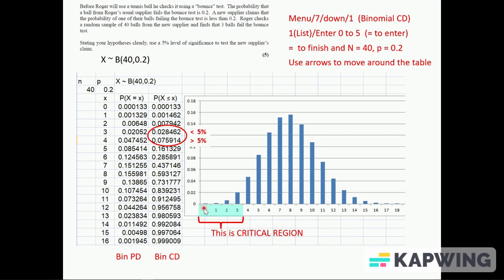We wouldn't expect to get 0 or 1, because 20% of them fail, and if none of them fail, then we think maybe 20% aren't failing after all. But here's the critical region, and so if we go into there, then we think, not sure about that 0.2. So the critical region is less than or equal to 3. 3 is called the critical value, and that's our cut-off point.